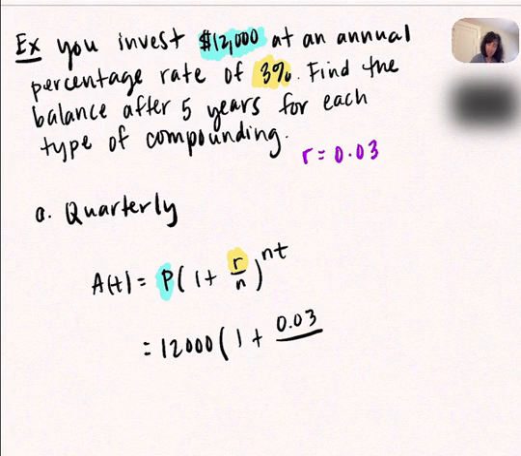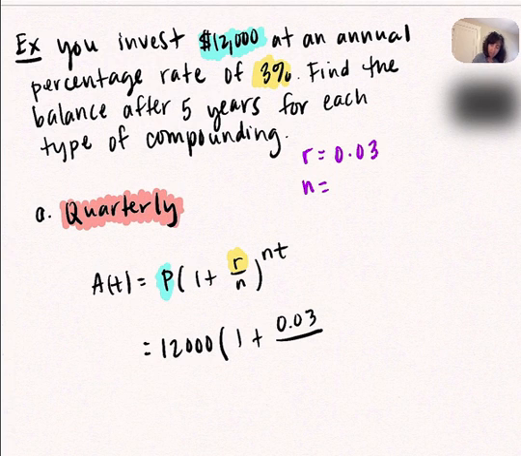N is the number of times per year you're going to compound or calculate your interest. So it says for this problem that we're compounding quarterly. So if we compound quarterly, that means 4 times a year.